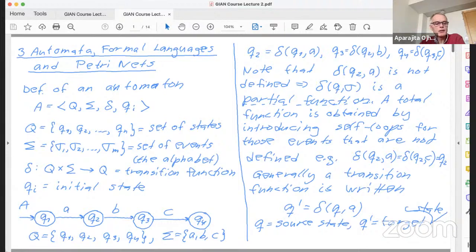And the set of states for this specific example is Q1, Q2, Q3, Q4, and the set of events is A, B, and C. Then we have a transition function generating the transition between the states, and that is a function in this case with the arguments of the states and events, and that gives you a mapping to a new state.